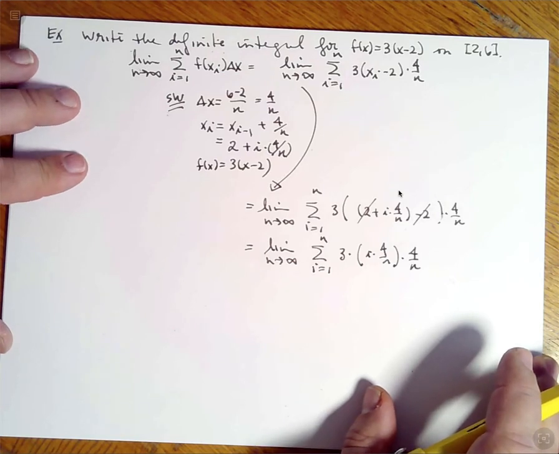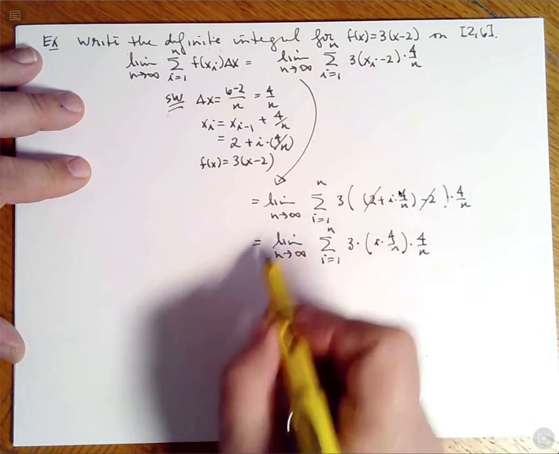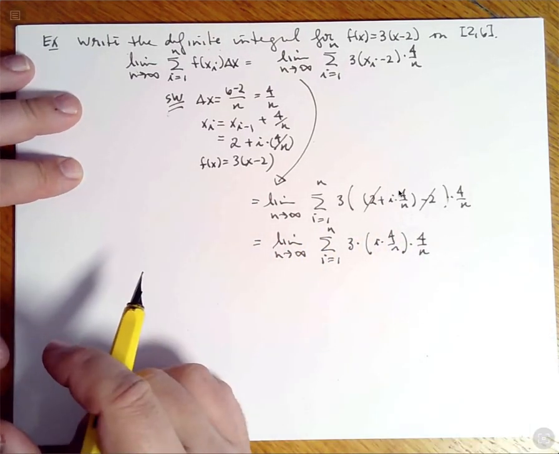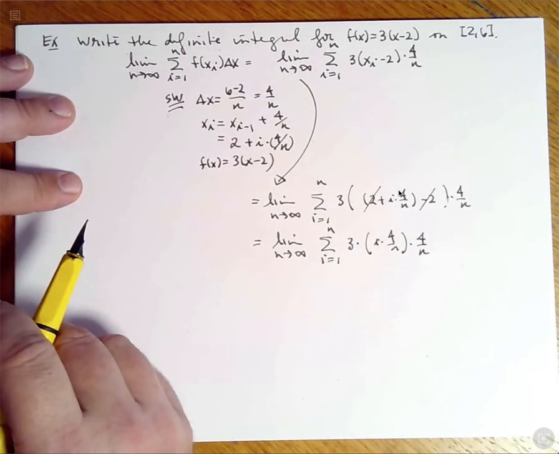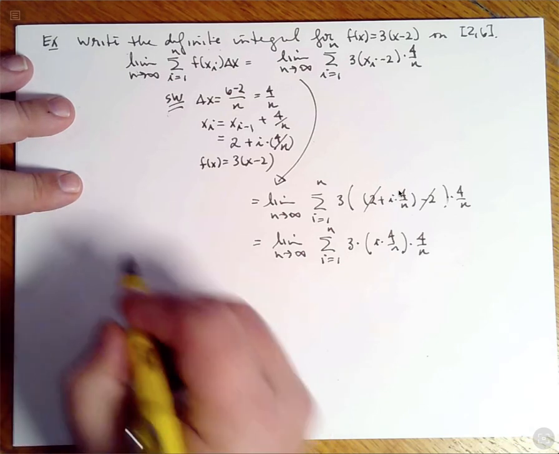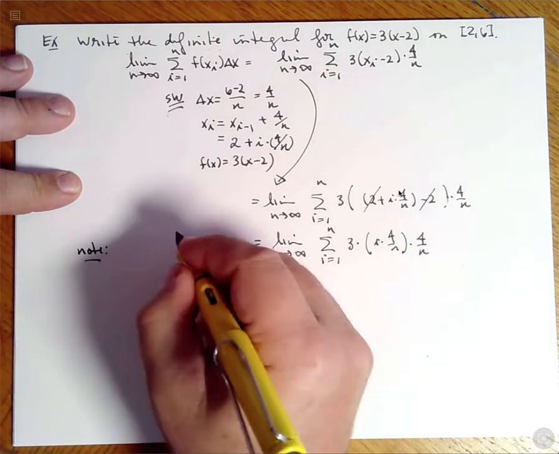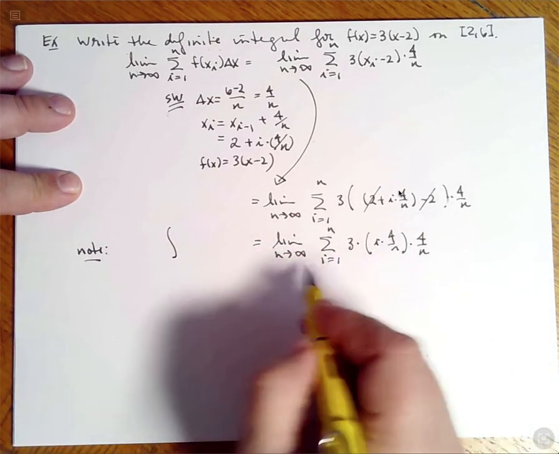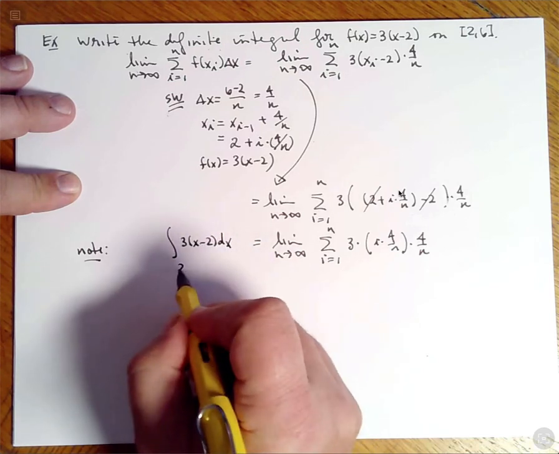So that's an expression for my definite integral. And that's how I would leave it. If I were asked to write a definite integral, that's how I would leave it. Let me just note two things. The first thing I'm going to note is that this is the definition of this.